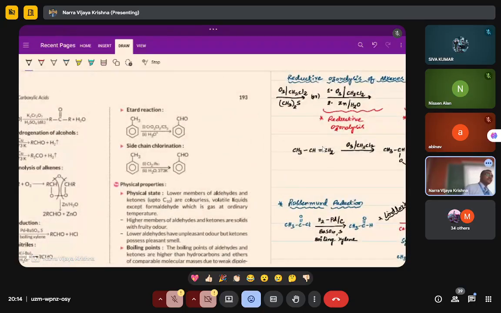Etard reaction. Where have we seen this CrO2Cl2? Chromyl chloride, the chromyl chloride test, a test for ionizable chlorides, NaCl, KCl, where Cl minus is available freely.